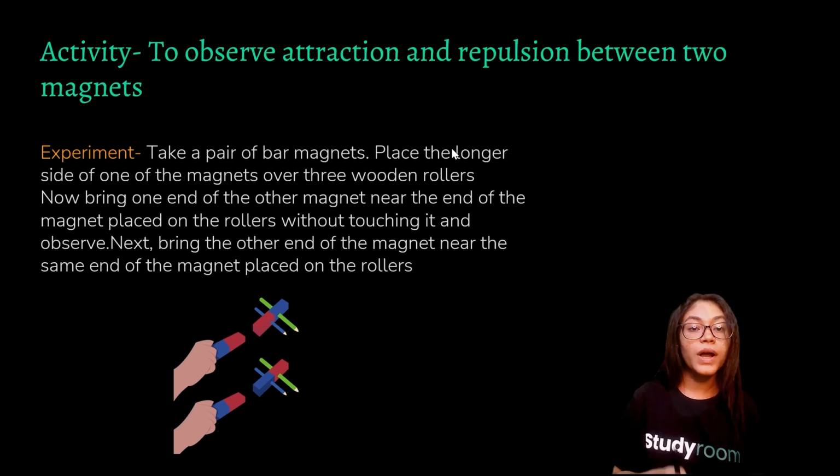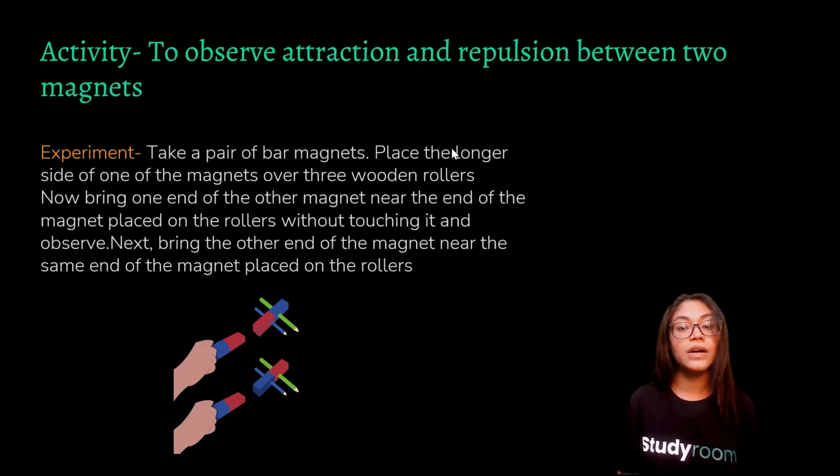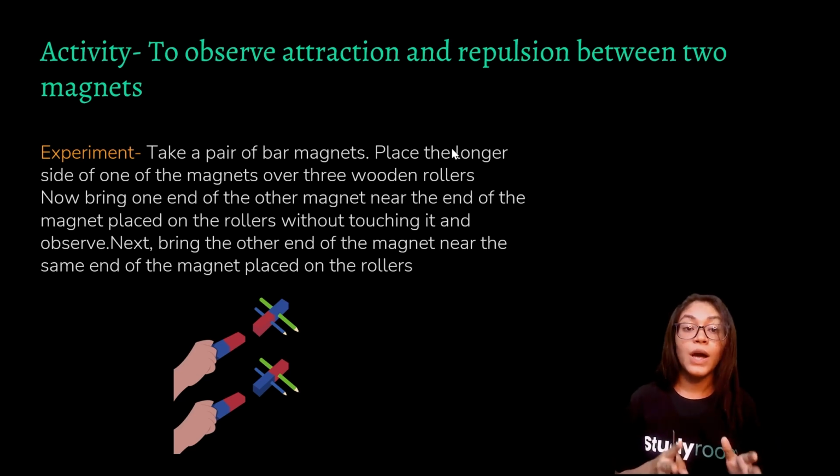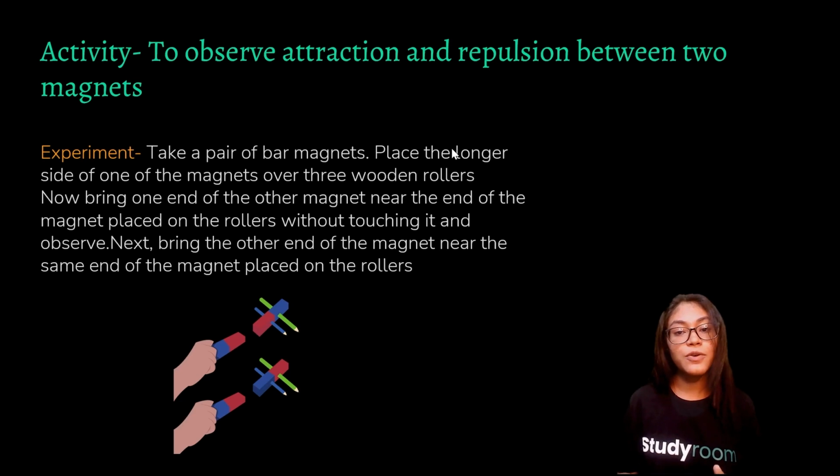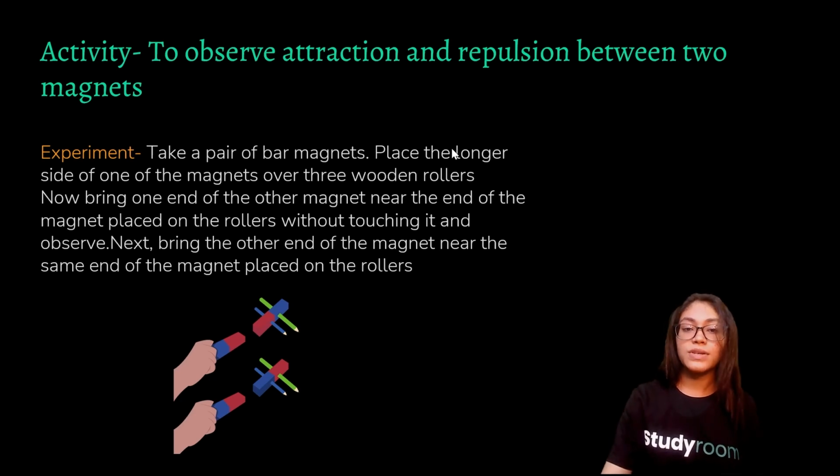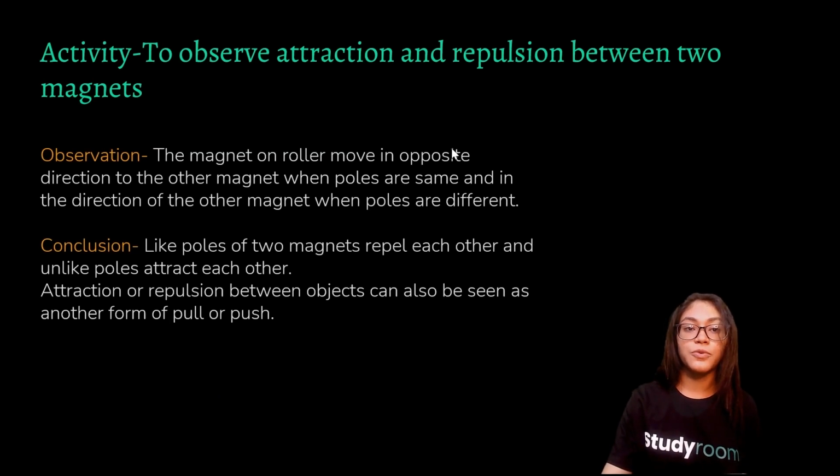Now we bring one end of the other magnet near the end of the magnet placed on the rollers without touching it, and we observe. Next we bring the other end of the magnet near the same end of the magnet placed on the rollers. So now when we do this experiment, what do we observe?